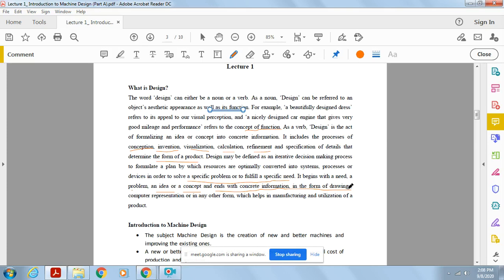When this information is transformed into a drawing, this is called design. The drawing can be generated either freehand or using computer representations. For the design part we have several softwares, like AutoCAD, CATIA, ProE.